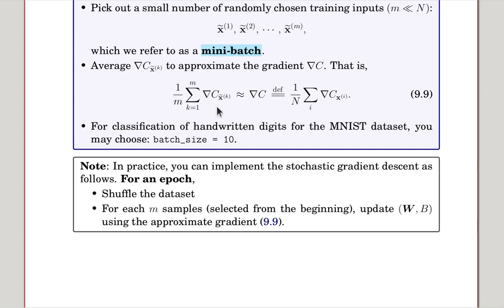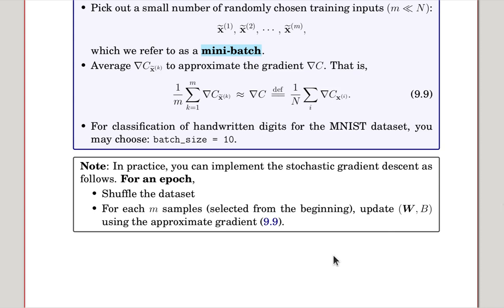But an epoch means covering all the data points in the data set. So for each epoch, first shuffle the data set with a random reordering, and each M samples from the top will be used to update the weights and biases, going from top to bottom.